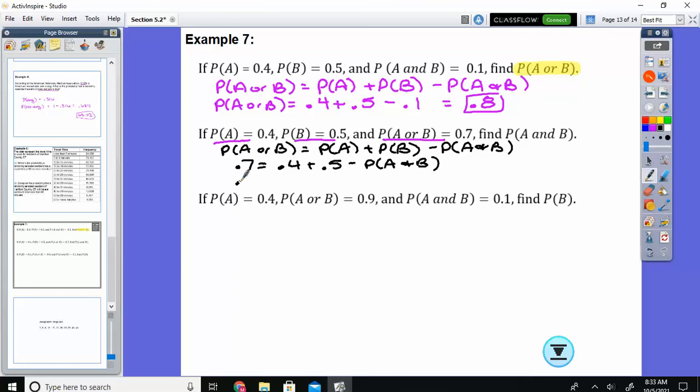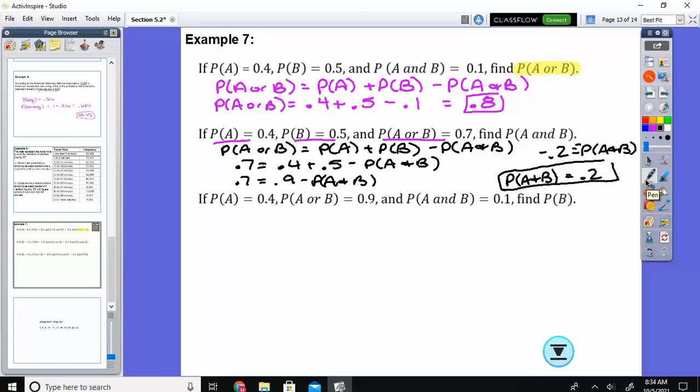No, it's just solving a linear equation. So if you subtract over your 0.9, you get a negative 0.2 equals a probability of A and B. So the probability of A and B is positive 0.2. So you might have to manipulate these formulas a little bit and solve for your unknown, but it's just a linear equation.